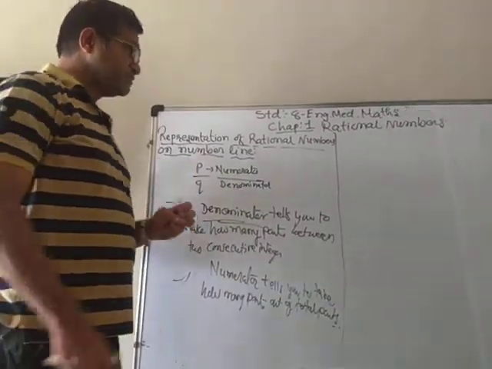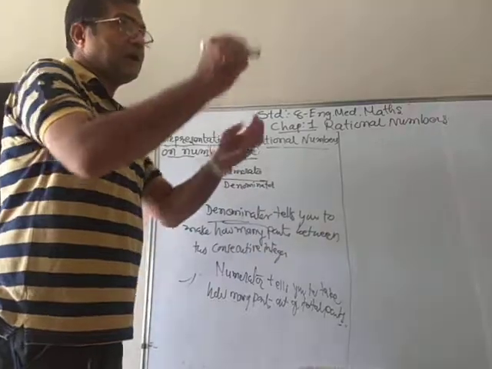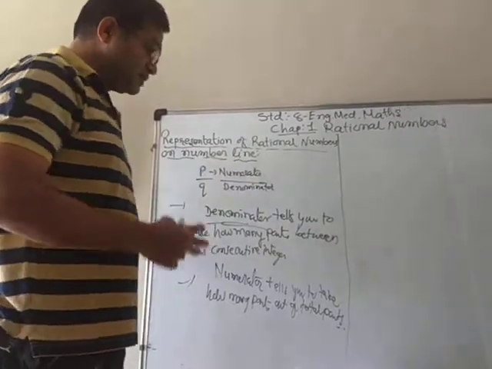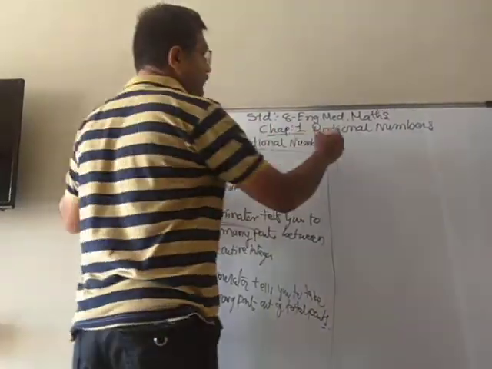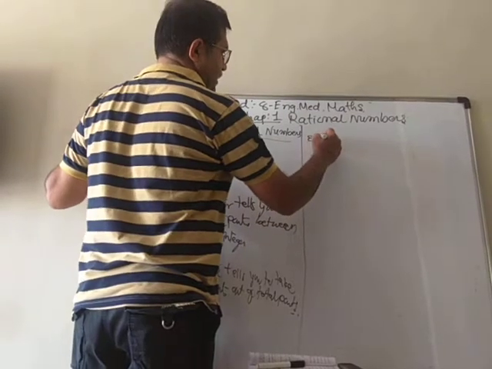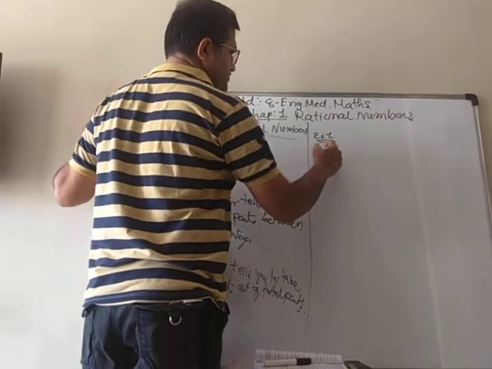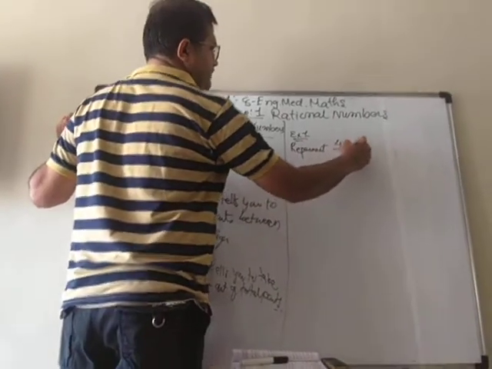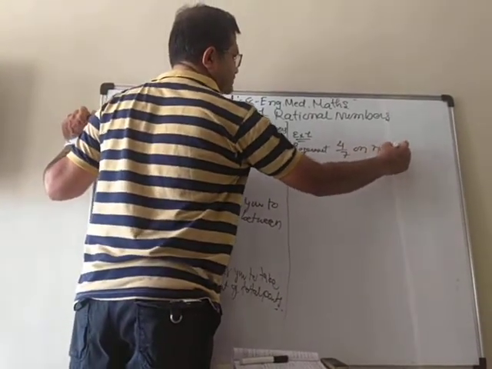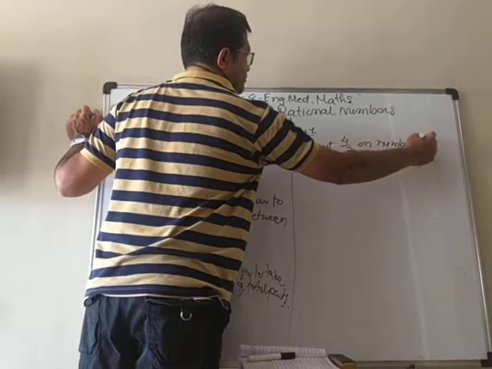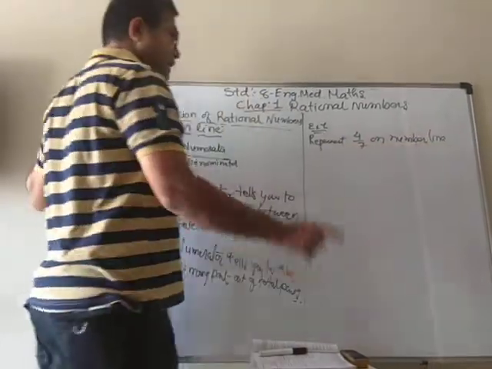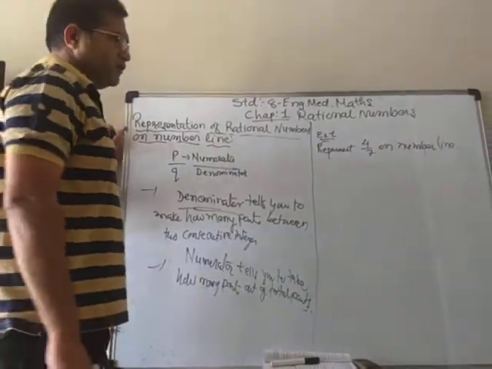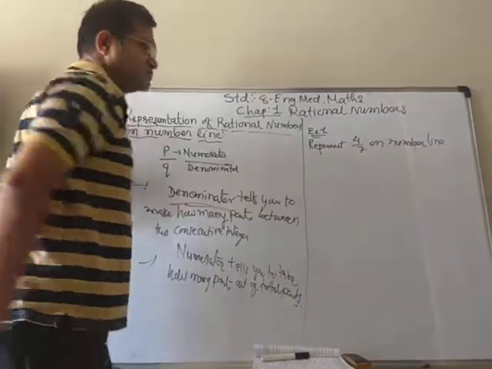Now we will understand with the help of an example. Example number 1. Represent 4 upon 7 on the number line. What is the denominator here? 7.